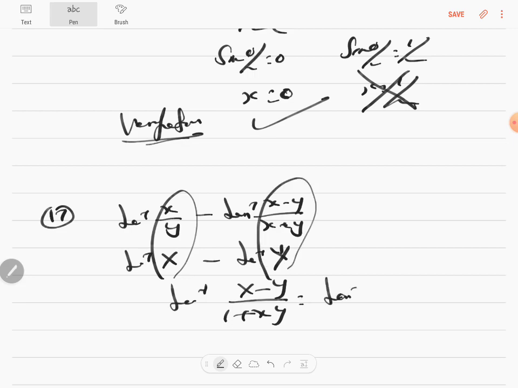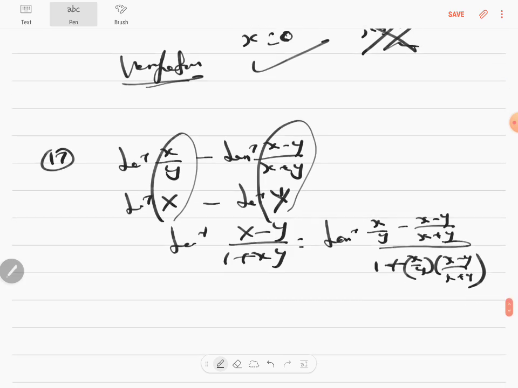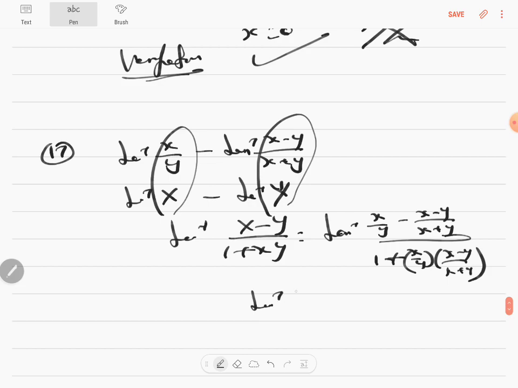So tan inverse of [x by y minus (x minus y) by (x plus y)] by [1 plus x by y into (x minus y) by (x plus y)]. You solve it, you will get tan inverse of (x square plus y square) by (x square plus y square). Just try to solve it, you will get tan inverse of 1, and tan inverse of 1 itself will be pi by 4. You have to take LCM and solve it, okay?